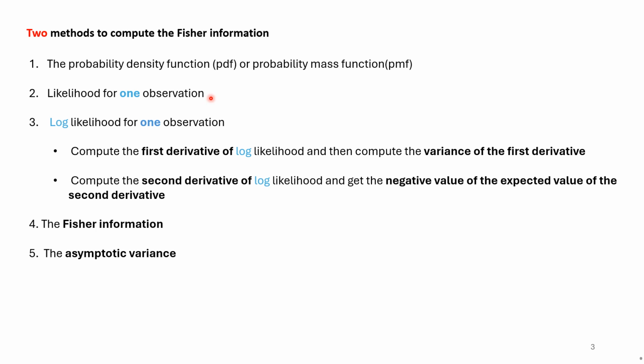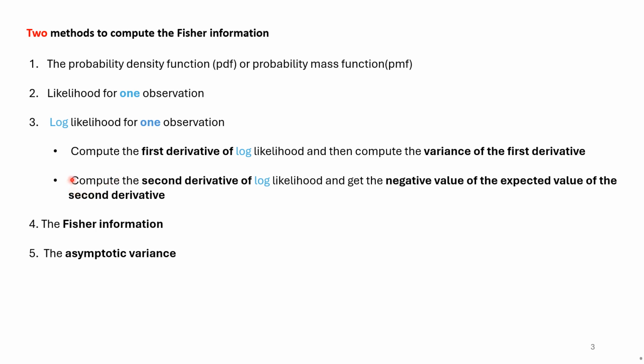Here we do not need n observations, just the first observation like x1 would be enough. Then write the log likelihood for that observation. Then we can compute the first derivative of this log likelihood and then compute the variance of the first derivative.